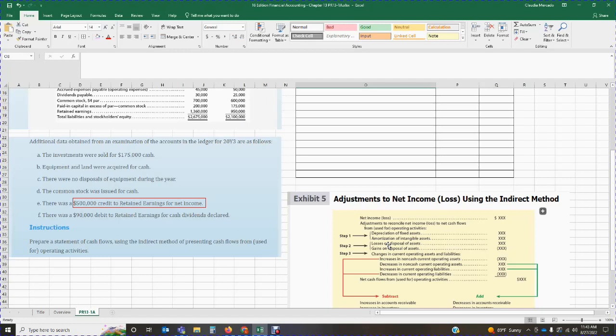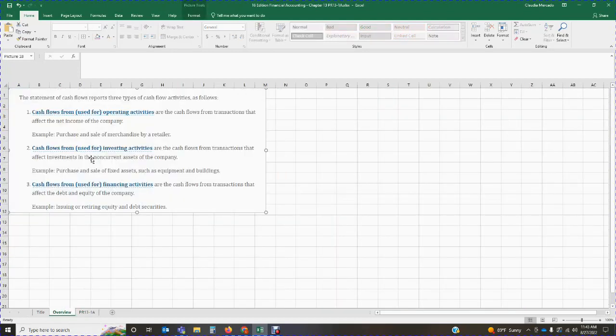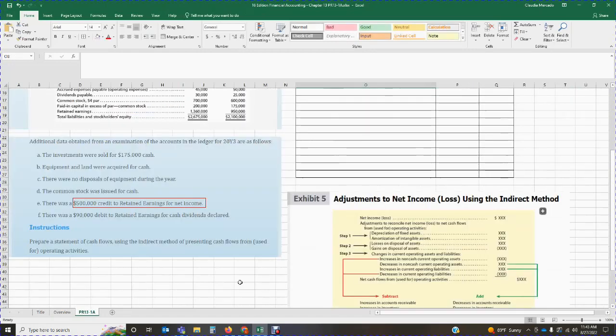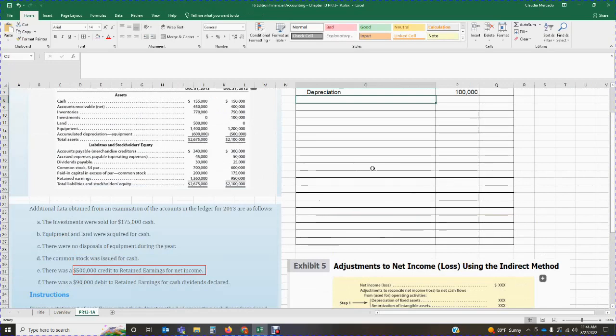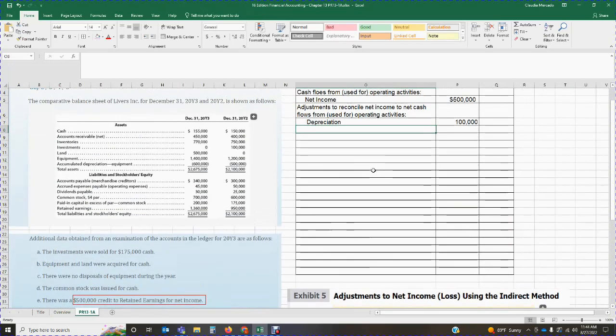If we sold any assets, that is reported, let's go back over here, in our investing activities section. If we buy or sell any fixed assets, that gets reported in our investing activities section. So we need to make an adjustment in our operating section for those.